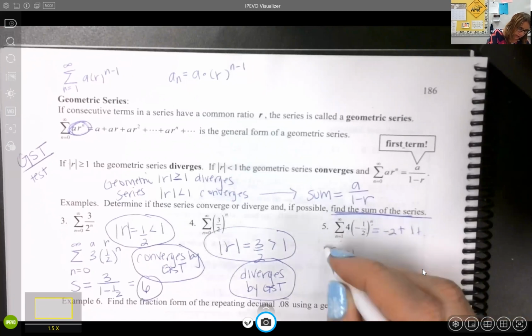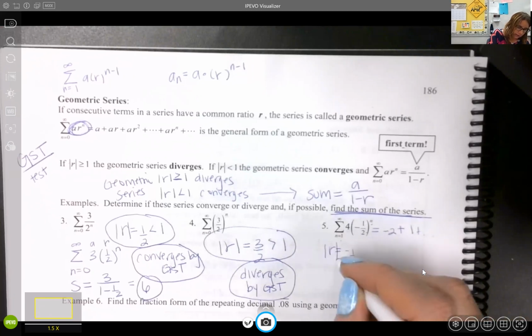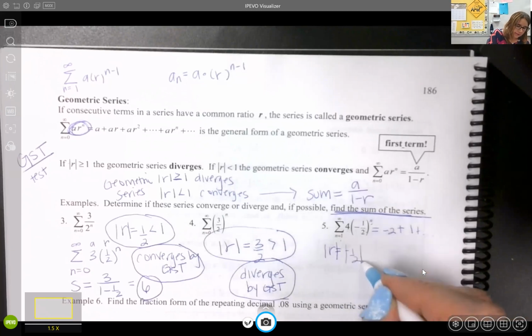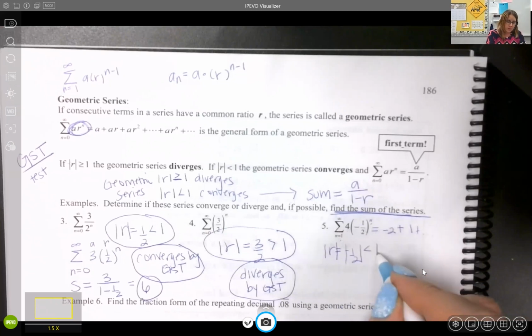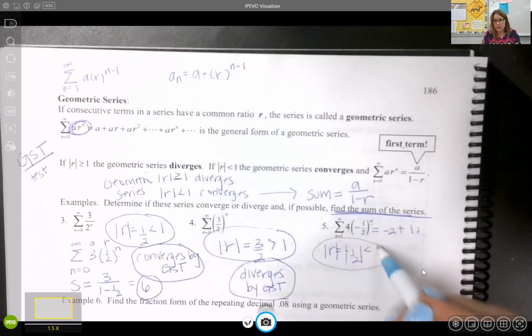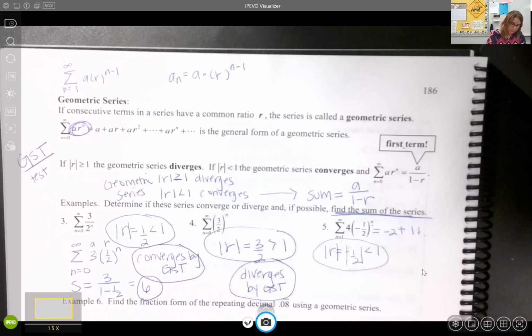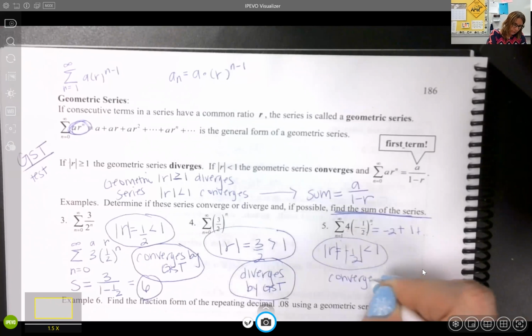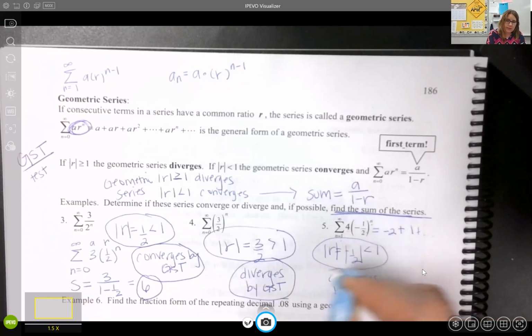We're actually going to do the absolute value of r equals absolute value of 1/2, and that is less than 1. Okay, so it is less than 1, so it is going to converge by GST. Okay, and now we need to find the sum.